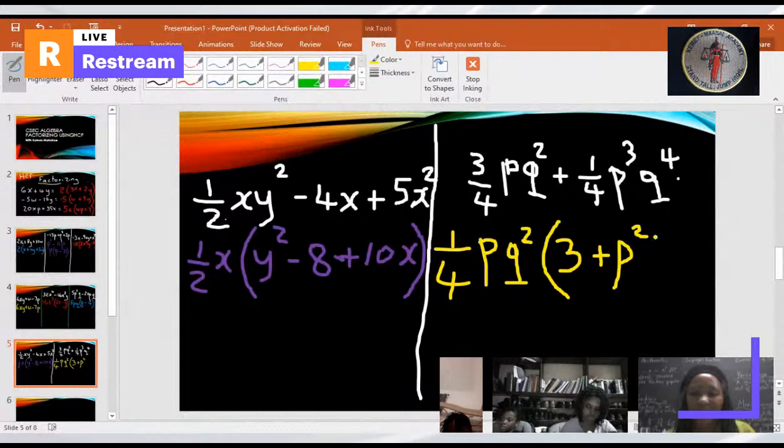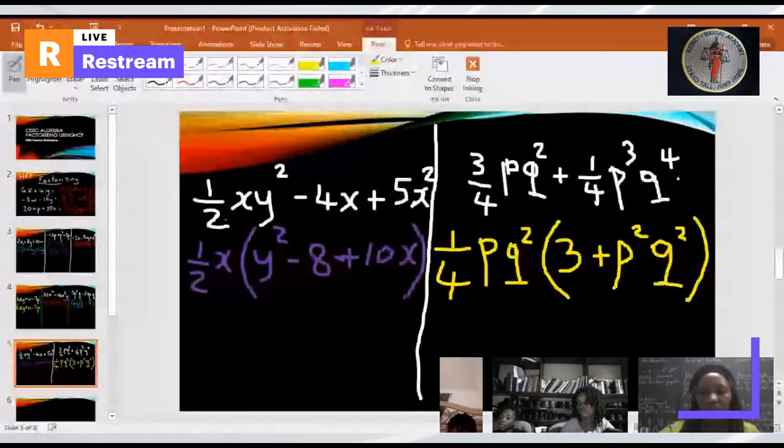So let's now use the distributive law to double check and make sure that we have back our 3/4. The P Q squared times 1, because nothing else is here, would give us back that, right?